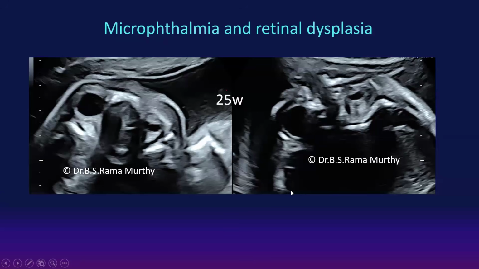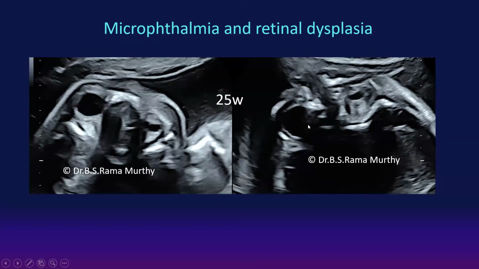Coming to another example of a unilateral microphthalmia, but also an internal abnormality of the orbit. You see that both the orbits here do not have the lens. So there's aphakia, microphthalmia on one side, and the microphthalmic orbit also has a retinal dysplasia.